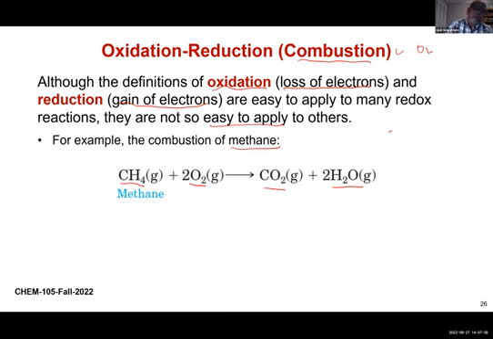Normally, when carbon goes to carbon dioxide here, it gains oxygen.